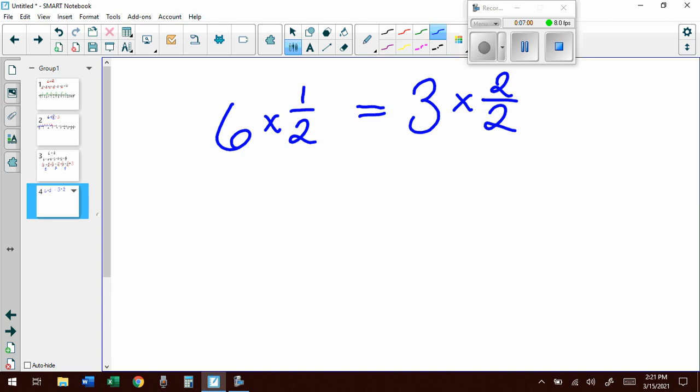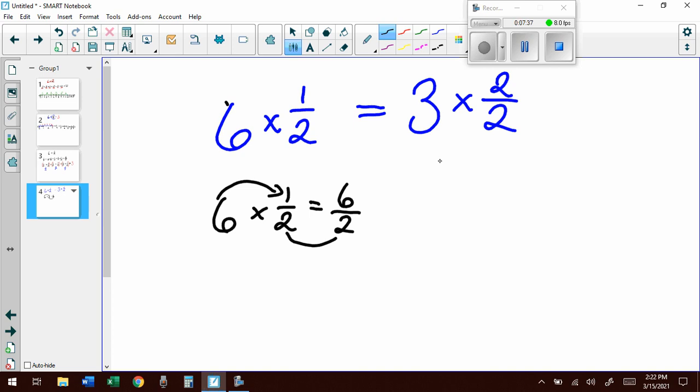If you take a whole number times a fraction, your whole number times the numerator, and you keep your denominator the same. Is that sounding familiar to you? So if we just look at 6 times 1 half, we take the whole number times the numerator, and that equals 6. 6 times 1, and we keep our denominator the same, 6 halves.